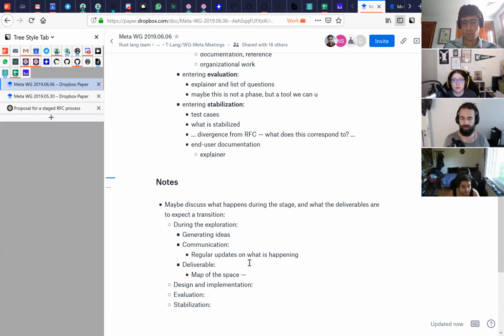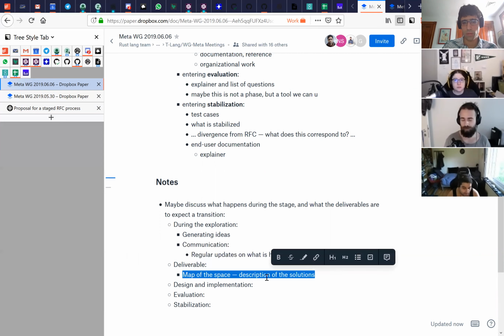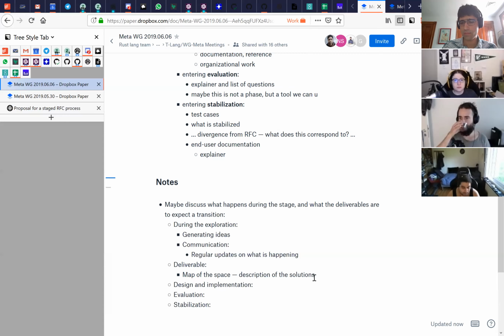So I was more thinking of this as: what do you deliver at the end of it? It's hopefully that overview of the problems you see and want to solve. So basically for the exploration, we would expect some sort of description of the problems you see, solutions, and their pros and cons, if there are more than one.